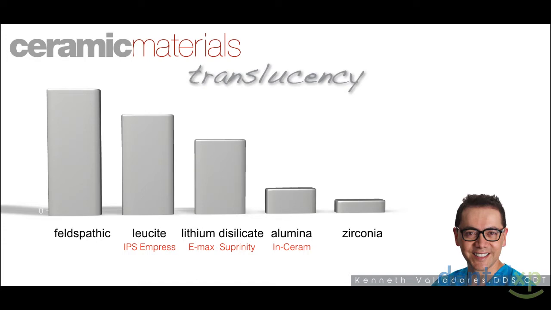So, feldspathic has an excellent selective translucency. The leucite and lithium disilicate have a lower level of translucency. The alumina and zirconia have even less translucency. However, nowadays manufacturers offer us translucent zirconia, but it is not translucent enough.